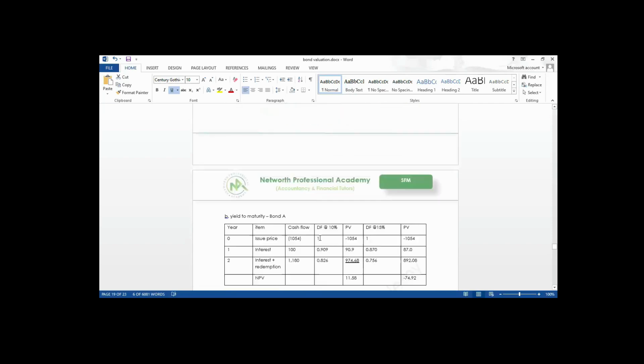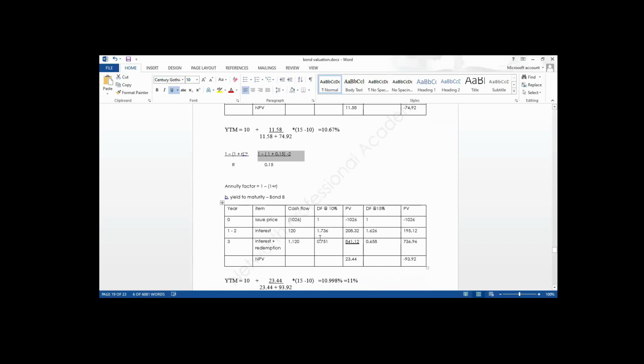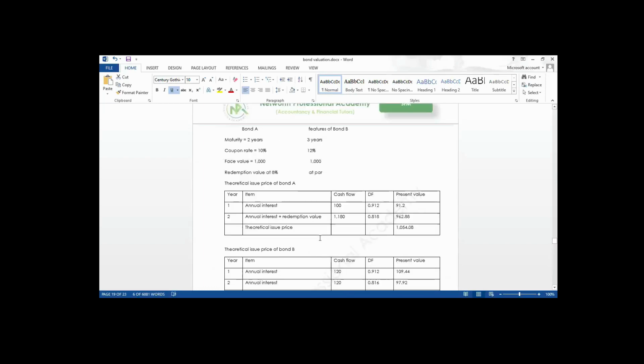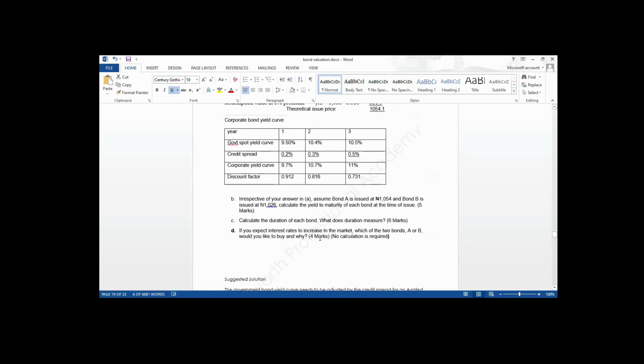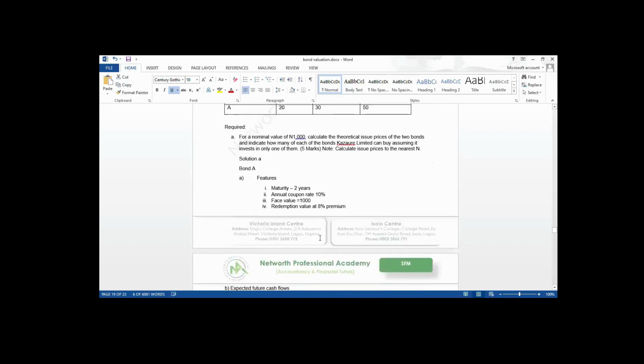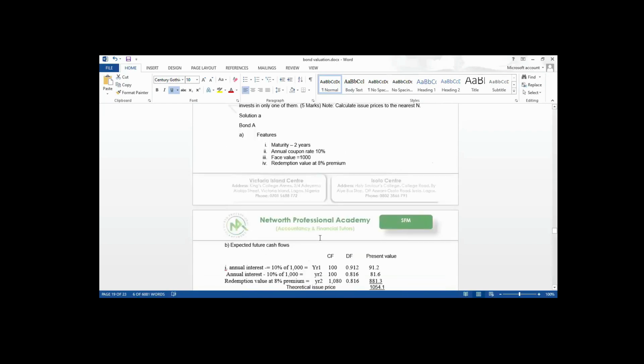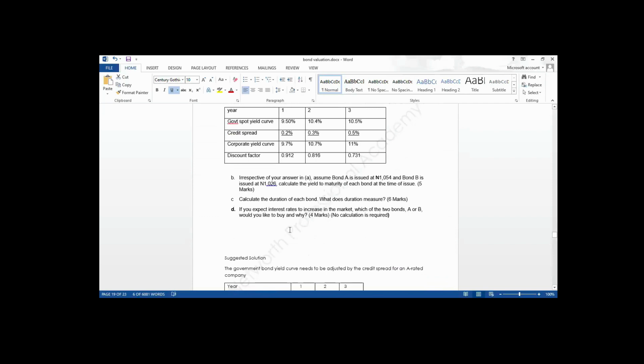Then the last calculation is the C part. Calculate the duration of each bond.